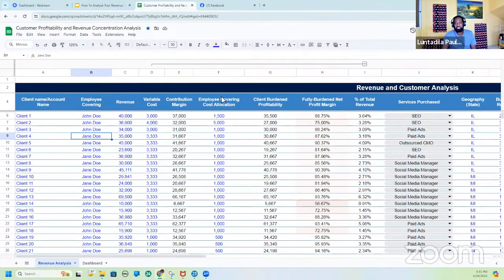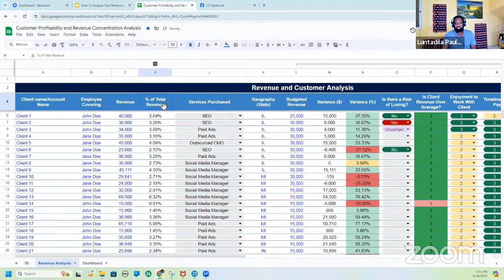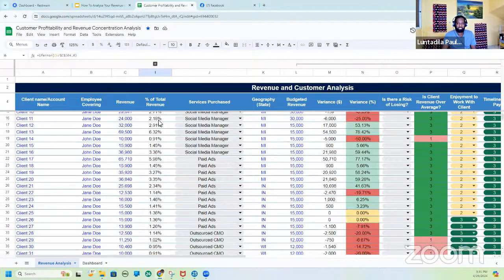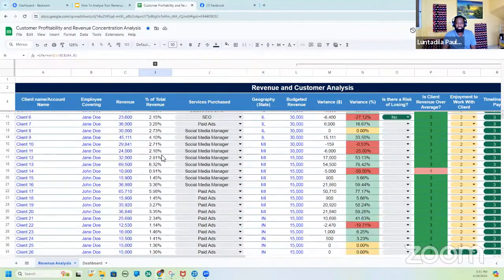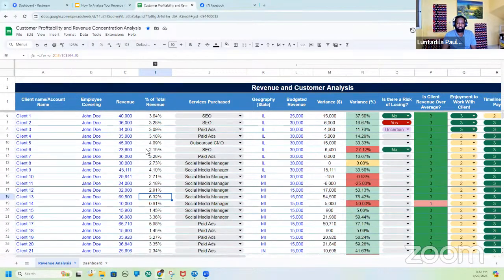Based on that, a lot of companies can run things like the percentage of revenue a given client contributes to the company. Client one, for example, contributes 3.64%. And if we run a quick summary or analysis here, we can determine the top 10 clients easily.